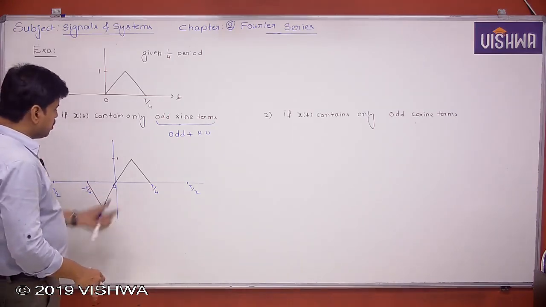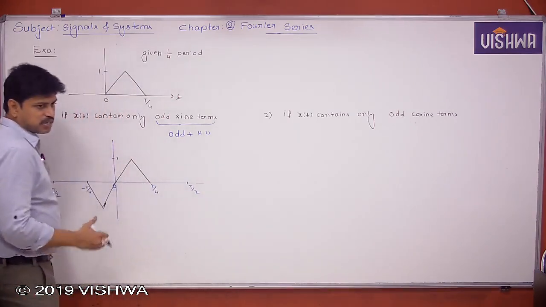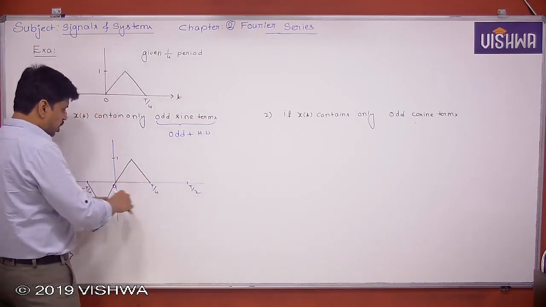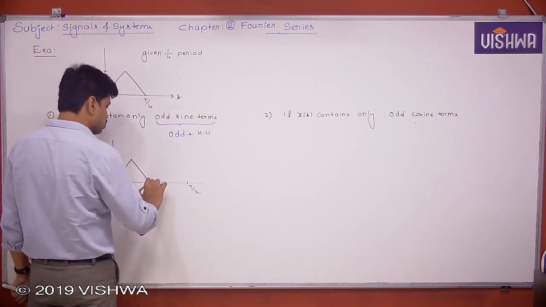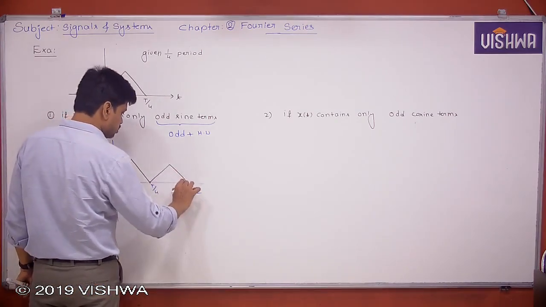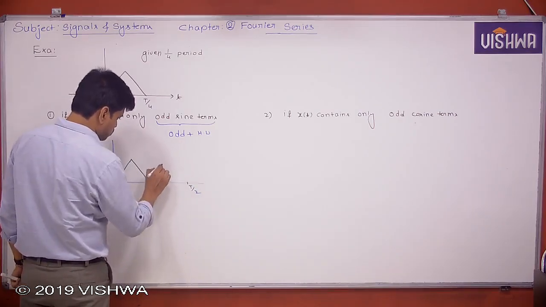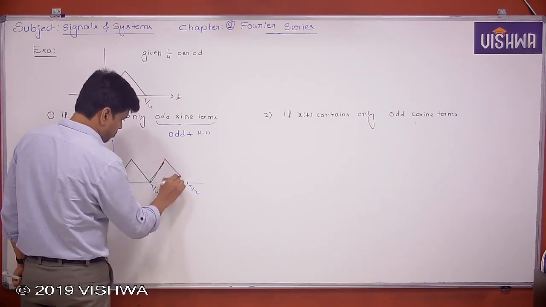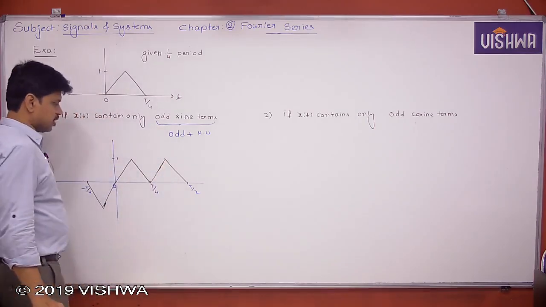Next, because it is half wave symmetry, if I shift it by half period, we again have to get negative. This part will go here, this part will go here. So for that it has to be negative. This is what we are going to get.